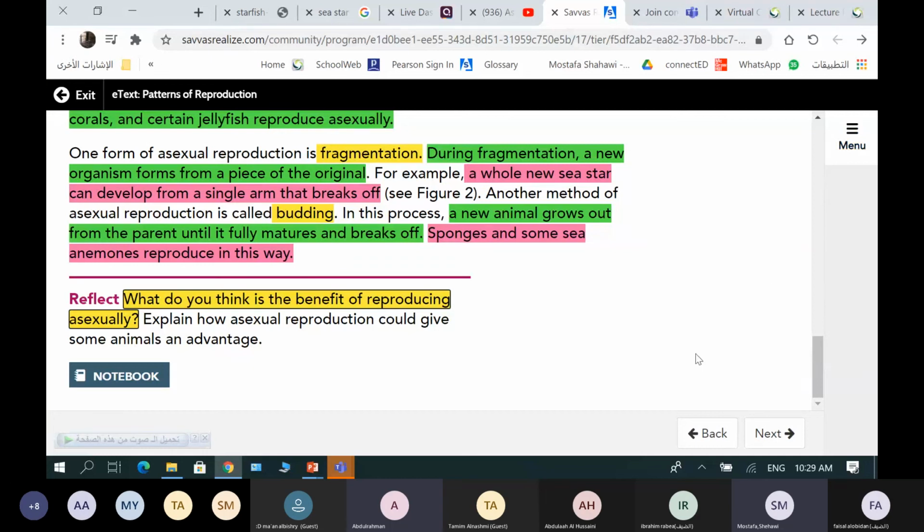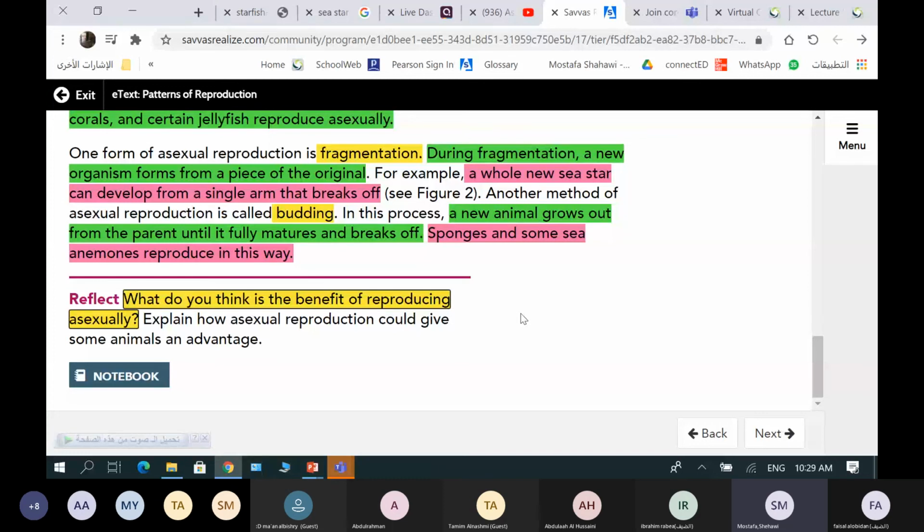Basically a clone of the mother, and the benefit of asexual reproduction is it's faster, it's simpler than sexual. Yes, that's the benefit. Very good, Abdurrahman. So they produce new offspring that are identical to the parent, and it happens in a fast and simple form of reproduction.